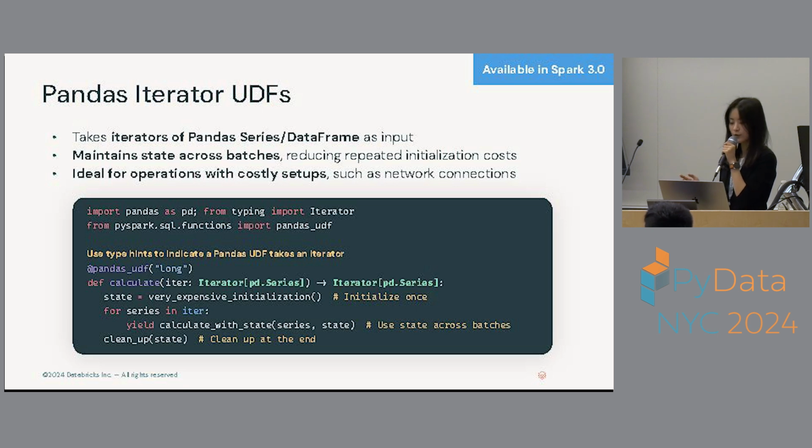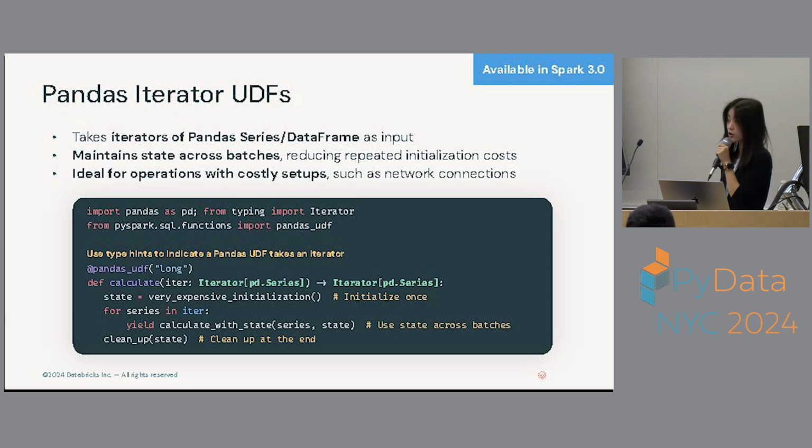The cool thing about pandas iterator UDFs is that it allows you to do costly initialization at the very beginning before processing your input rows, and then you can reuse the initialized state across multiple batches. This is particularly useful if you want to deal with network operations, for instance, talking to an external service or establishing a connection to a database.